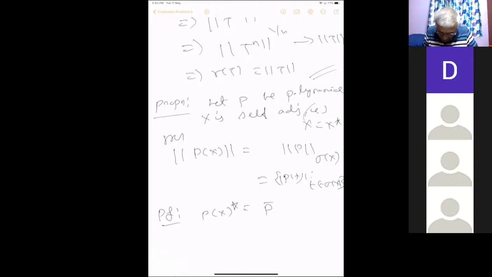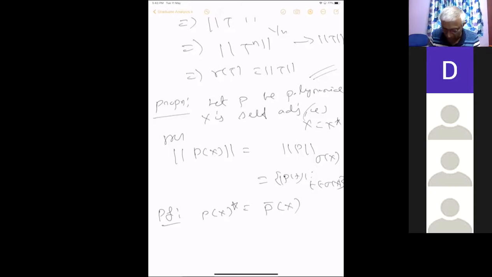Then if you take the star, all the coefficients will become bar, and x power n will become x star power n, right? But since x is self-adjoint, you just take the polynomial with the conjugate of the complex coefficients. It is just p bar of x, right?